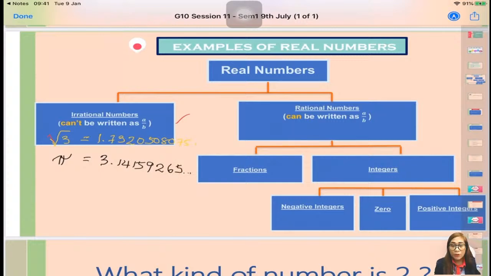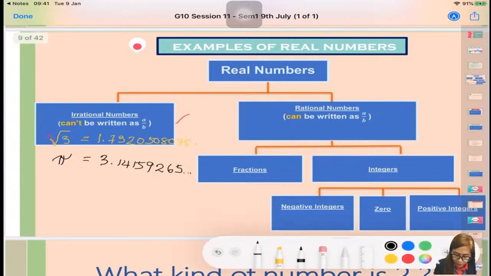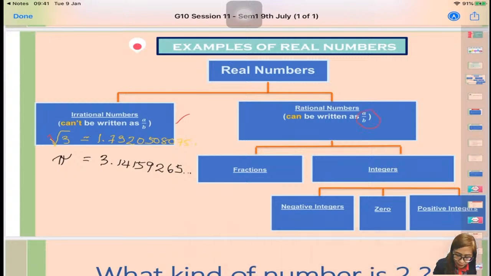These two numbers are examples of irrational numbers. Again, they cannot be written in the form of a over b. I hope that you are all following. For the rational numbers, these are numbers that you can write in the form of a over b. If it is a over b, it's easy, right?